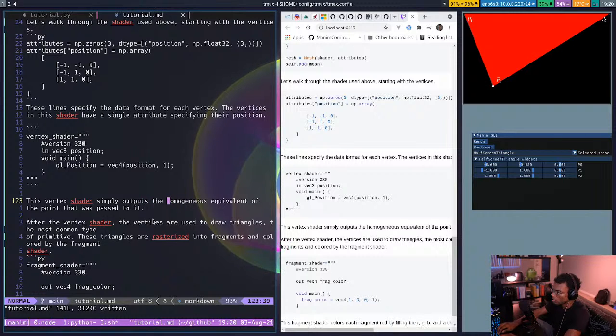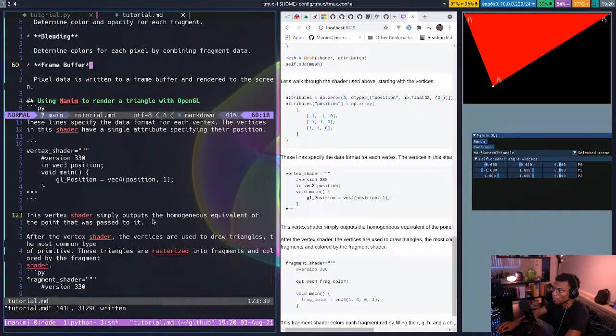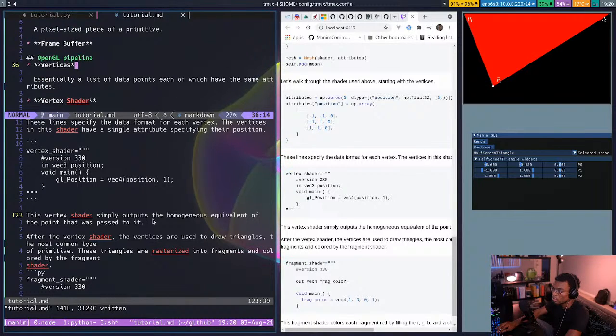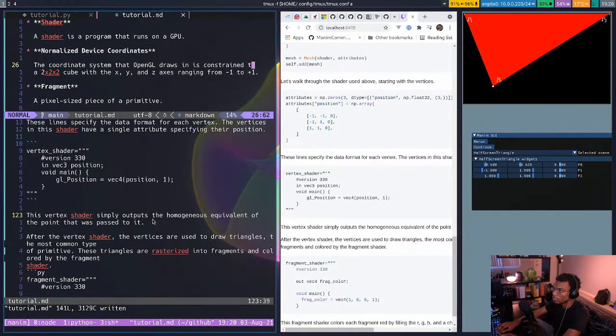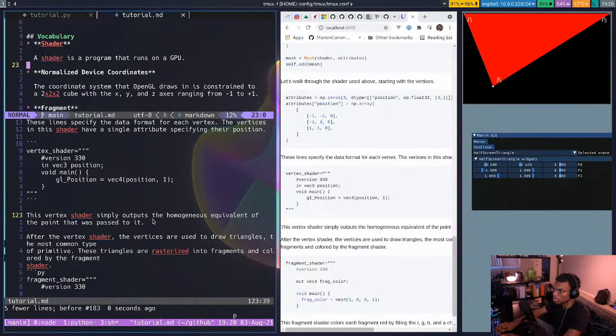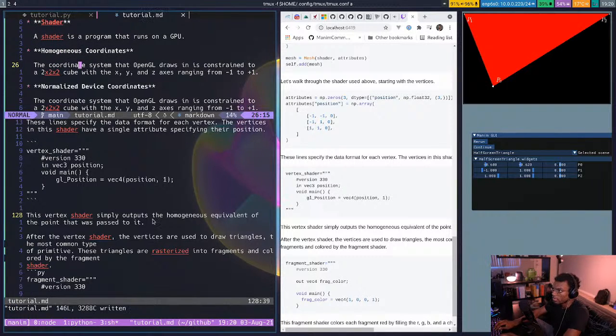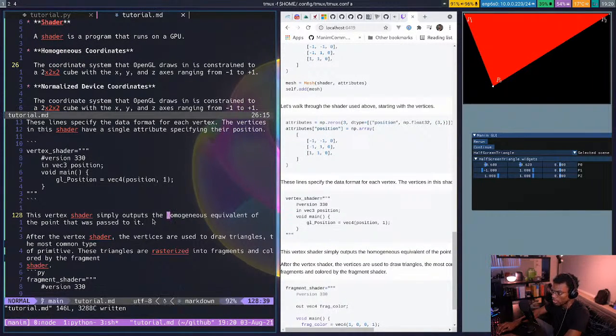Homogeneous. It's definitely something that'll have to go in the vocabulary, probably right next to normalized device coordinates. Thing is, I don't have a good definition of homogeneous coordinates other than that they're 4-dimensional.